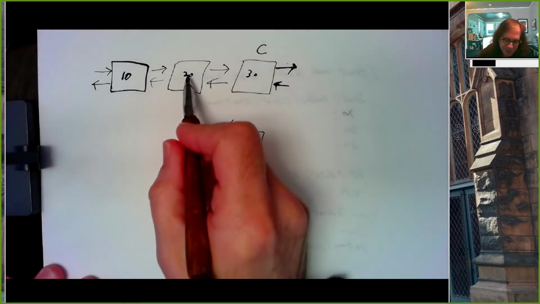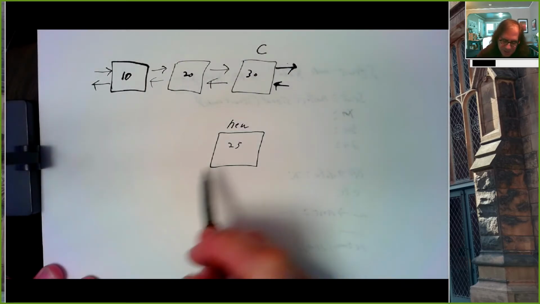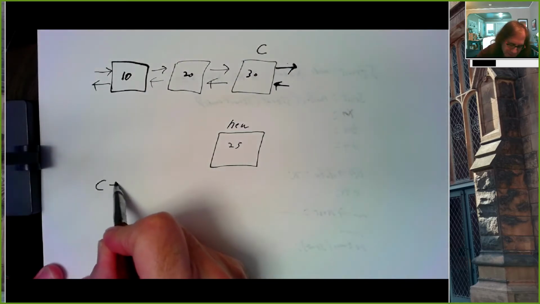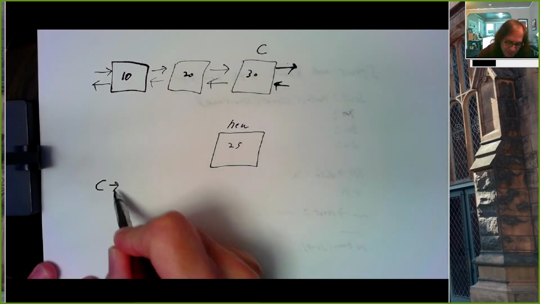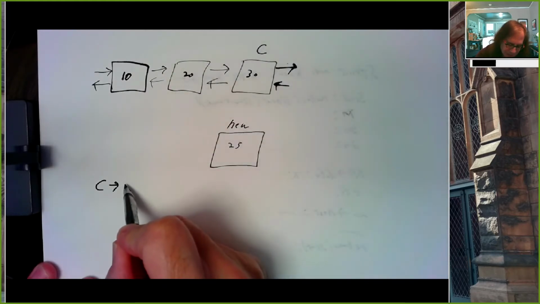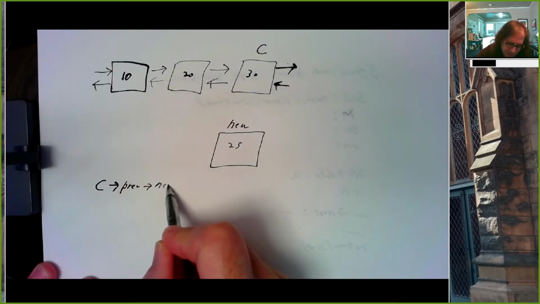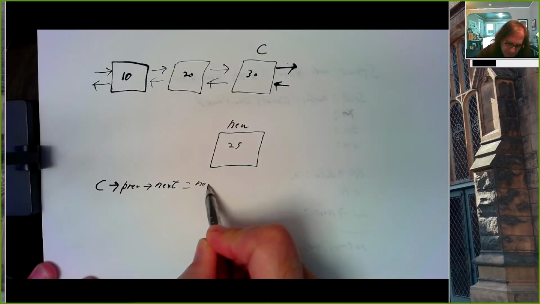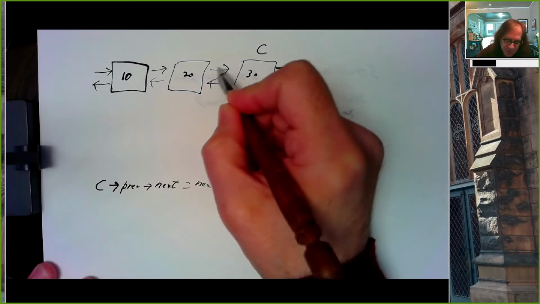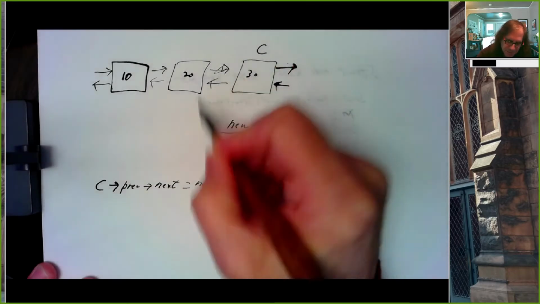We need the previous node to point to this instead. And we don't have a P variable pointing to the previous one, but we can say C arrow previous, that gets us to the 20, next equals new. So that sets up this pointer.